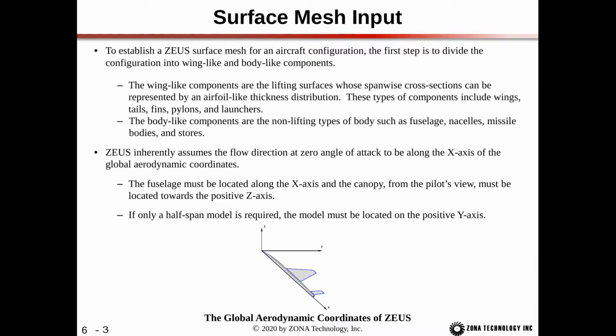So positive z is up, positive y is along the right-hand side wing, and positive x is pointing aft. If you only model a half-span model, then the model must be located on the positive y-axis, as shown in the figure.